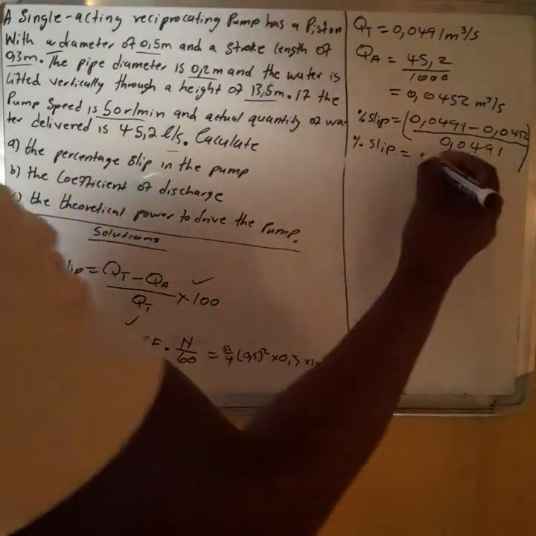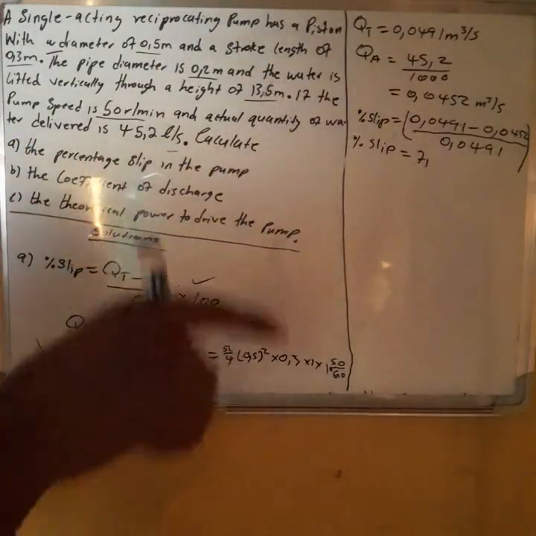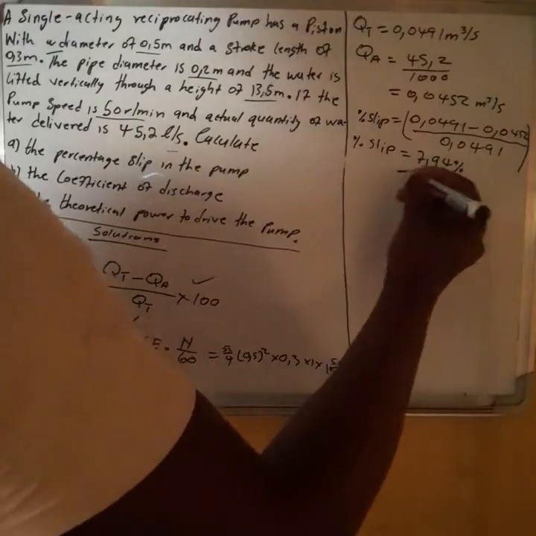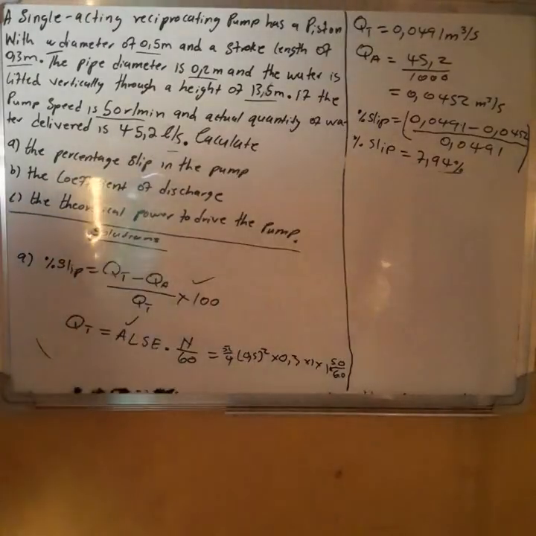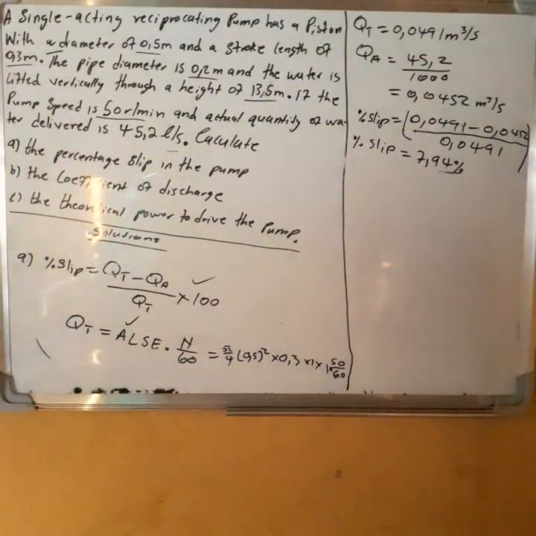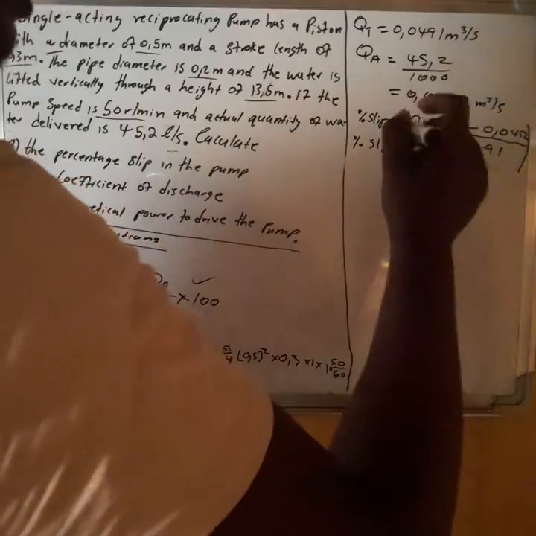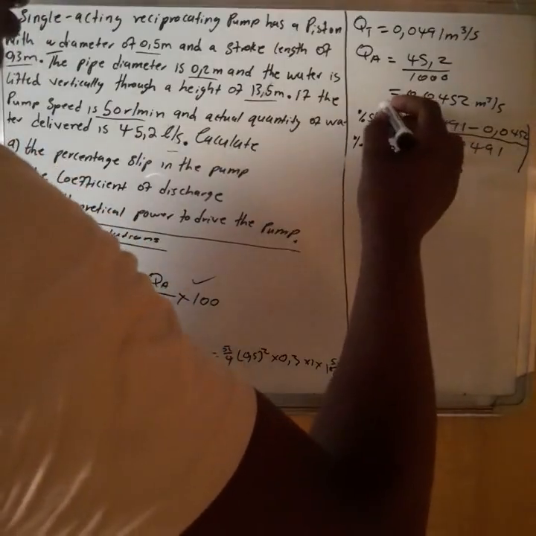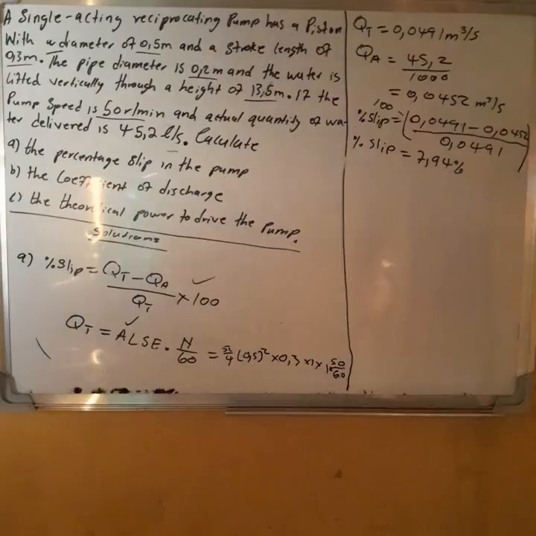The percentage slip is 7.94%. Don't forget to multiply all of these by 100. It's in percentage.